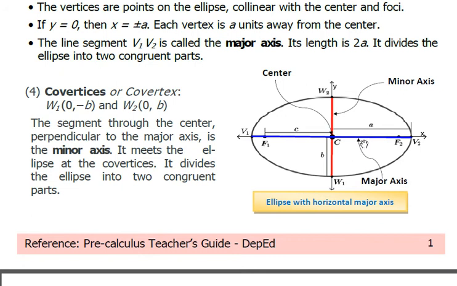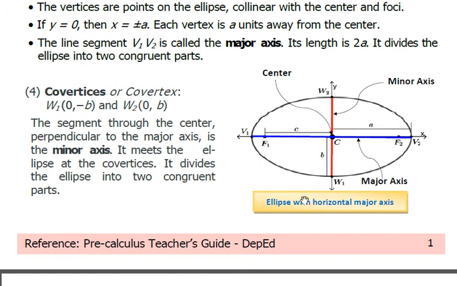So here the blue line represents the major axis. Then we have the red line, which represents the minor axis. Obviously the center is here. And from the center going to V2 or the center going to V1, the measure there is a. And from the center going up to W2 and from the center going down to W1, it's length b.